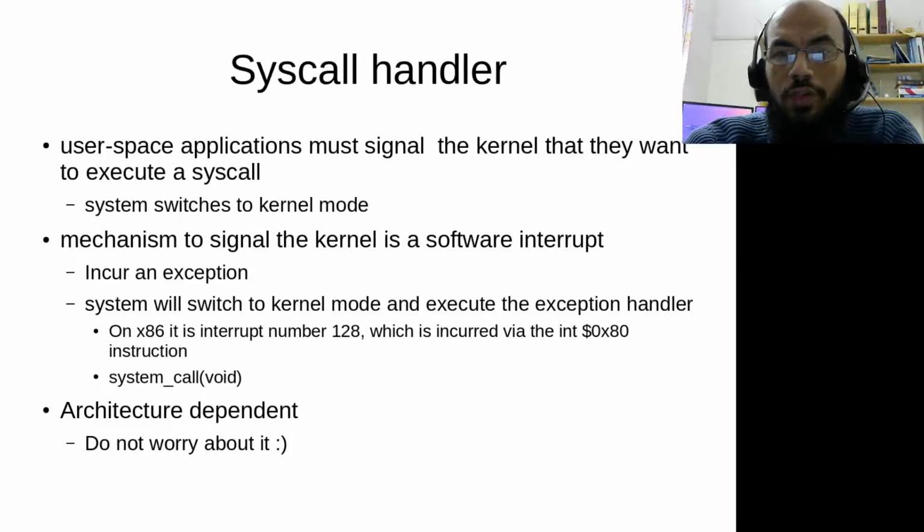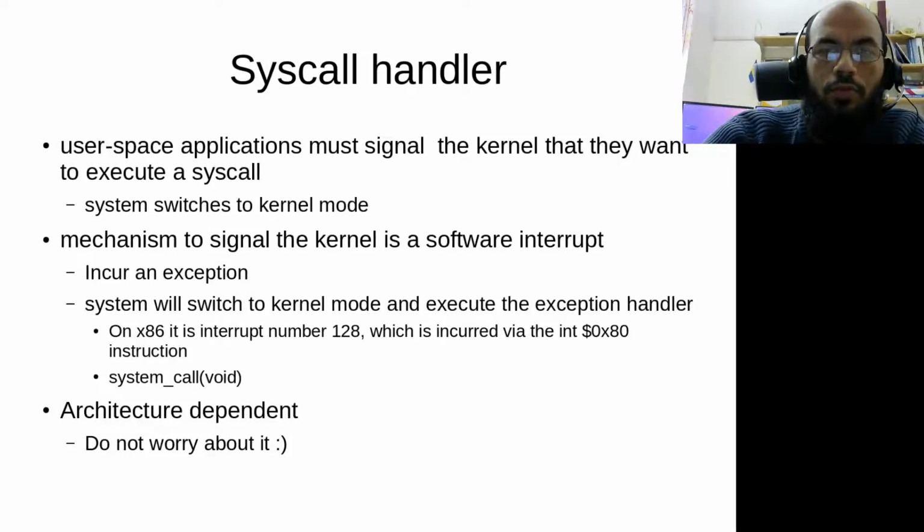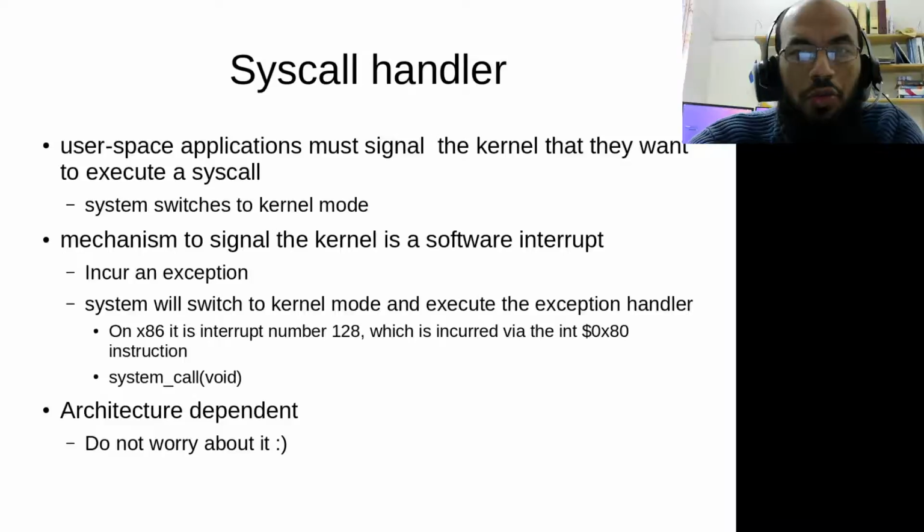The way that user space applications tell the kernel that they need a system call is that they trigger an exception. This is the way it works in reality. And the exception switches from user mode to kernel mode, because it's an exception.